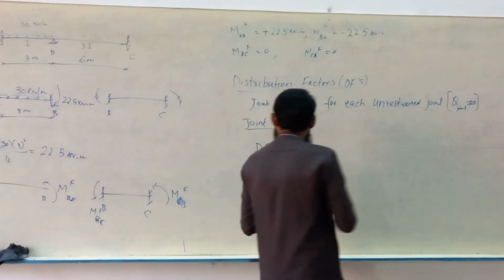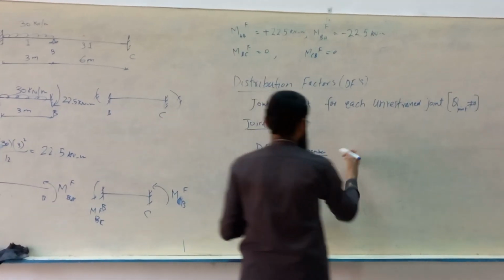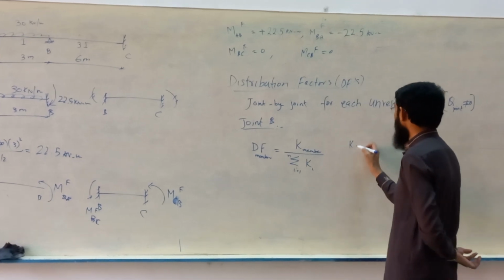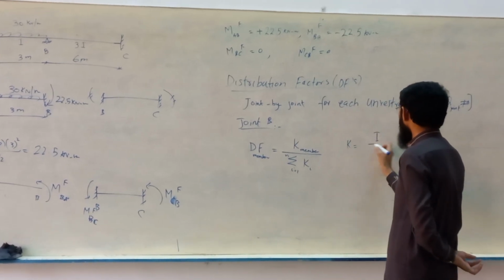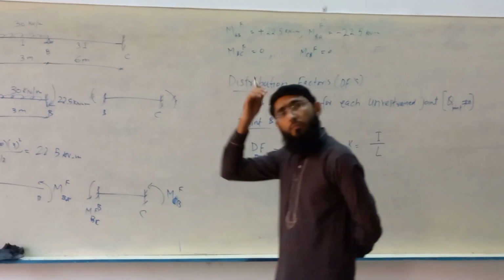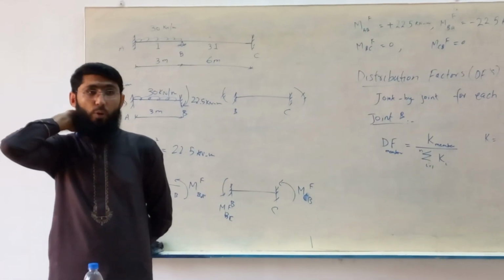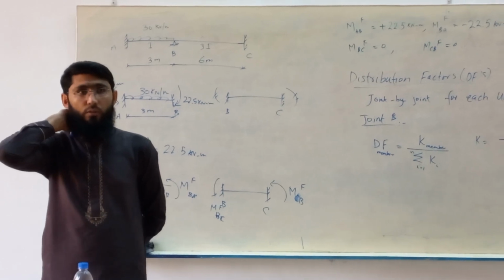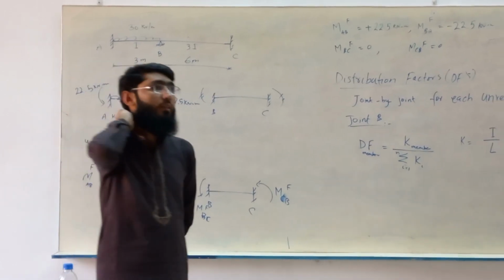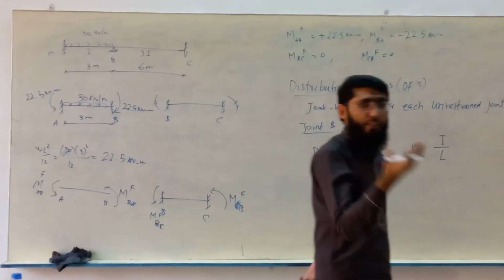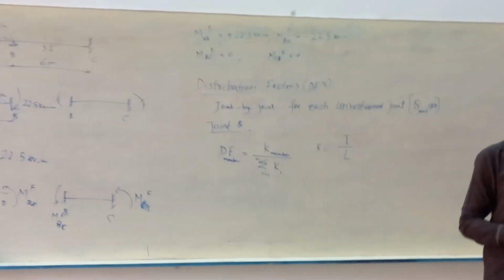Okay? So this is the base formula. Now what is K? K is basically I over L. Moment of inertia over the span of that member, the length of that member. Okay?